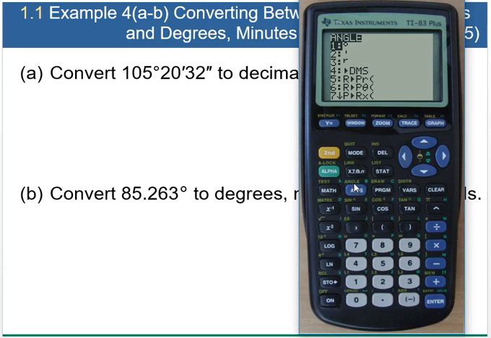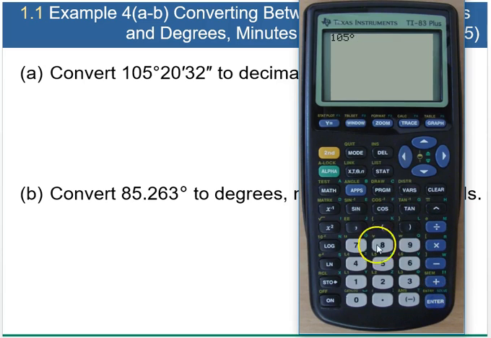That goes to angles. And you're going to put in, there's degrees, and then here number 2 is minutes, and then where you find seconds is actually down here. You can find it in your catalog, but this is an easier button, quicker to do. Just hit your alpha key and then the plus sign.